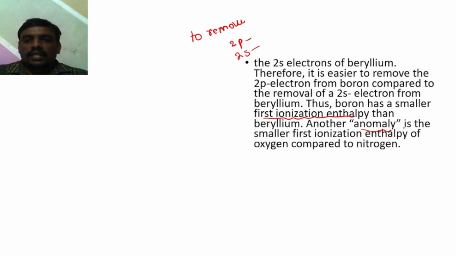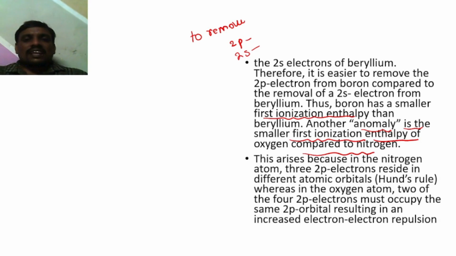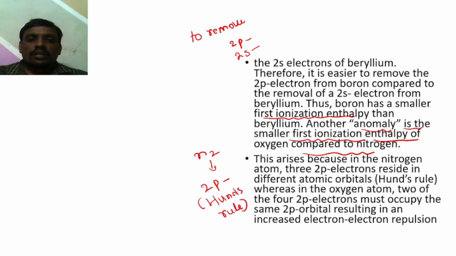Another anomaly is the smaller first ionization enthalpy of oxygen compared to nitrogen. This arises because in the nitrogen atom, if you carefully see, the three 2p electrons reside in different atomic orbitals, as explained by Hund's rule. In previous classes I also made a small video on Hund's rule.